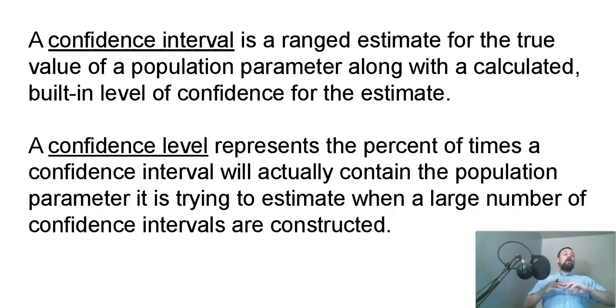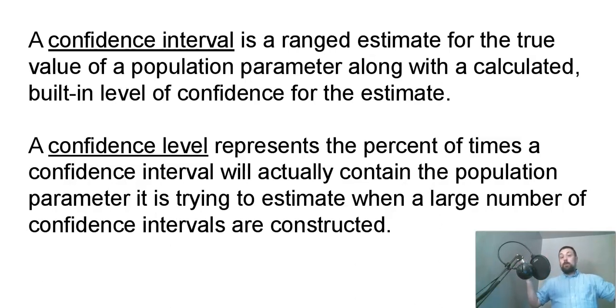So if we want to be 90% confident, that means we have to be able to do this calculation so that 90% of the intervals that we create will actually contain the population proportion. It also means that 10% of the intervals that we create will not contain the population proportion.